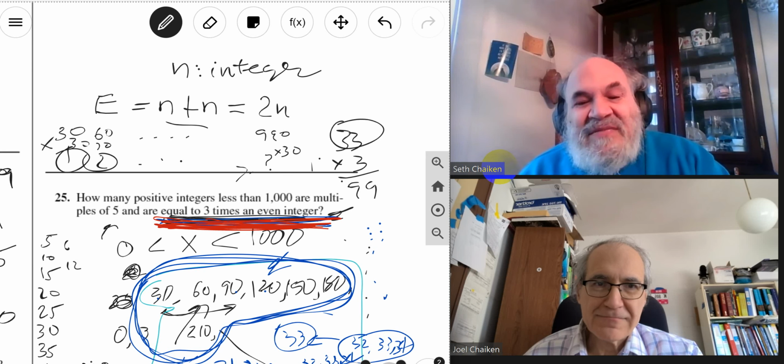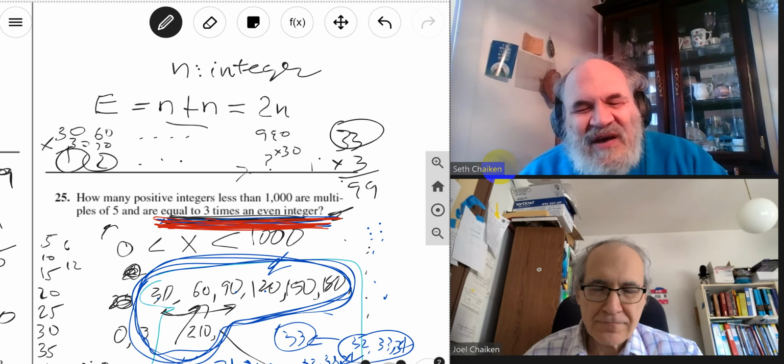And then a few years later, they teach multiplication. Adding the same number to itself is multiplying by 2.